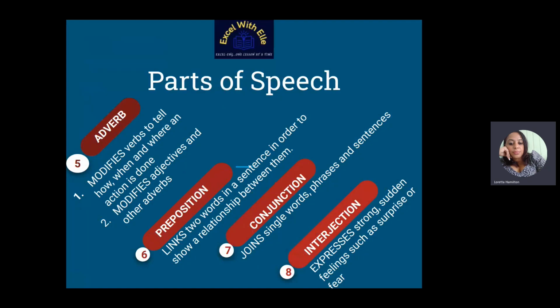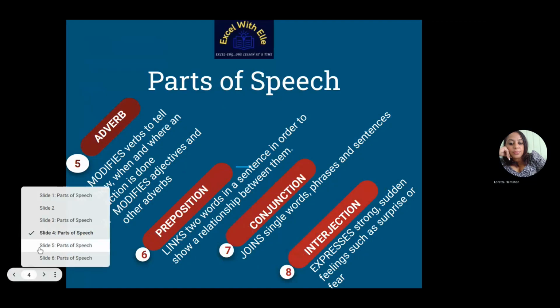We've looked at describing. We've looked at telling how an action is done, where, when, modifying adverbs, modifying adjectives. We have looked at words that link, words that show connection. We've looked at joining as a function of words also. And we have also looked at the function of expressing strong or sudden feelings. So these are all different functions that words carry out, or different work that words do.